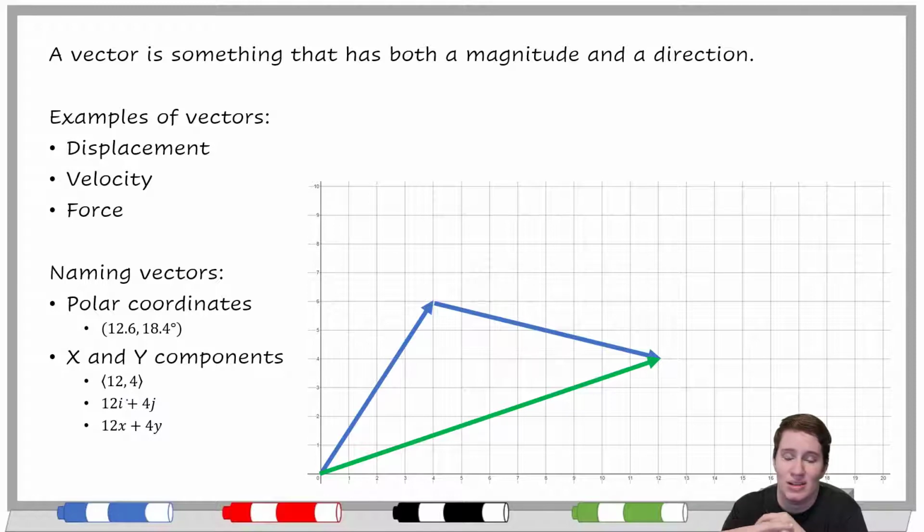There are two other ways-ish, there may be more, that we can do it. A pretty common way to represent vectors is to have, again, the x and y components, but then have letters next to them. The most common being i and j, which I'm not really sure who decided to pick i and j. I would not in this case be talking about an imaginary number. It's talking about going 12 for x and 4 for y, even though we're using i and j instead of x and y.